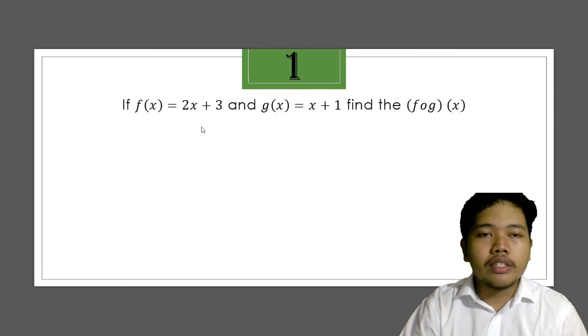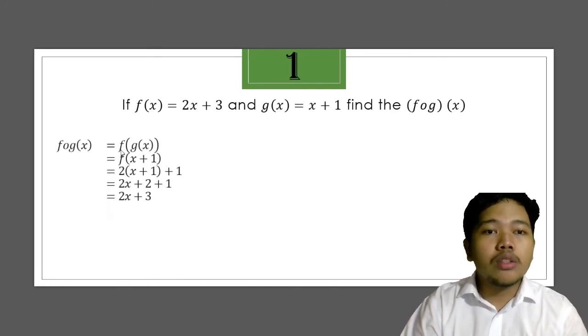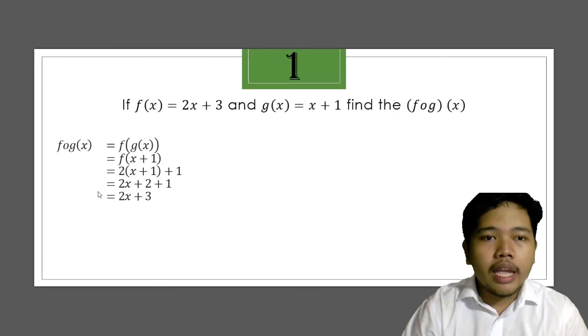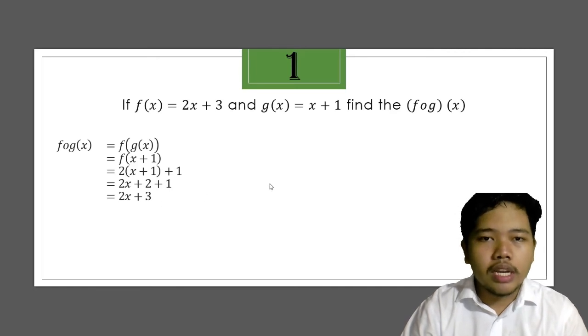To answer this question, f of g(x) will be equal to f, because of that we input g(x). So f(x plus 1) will be equal to 2 times (x plus 1) plus 1, and then 2x plus 2 plus 1 will be equal to 2x plus 3.